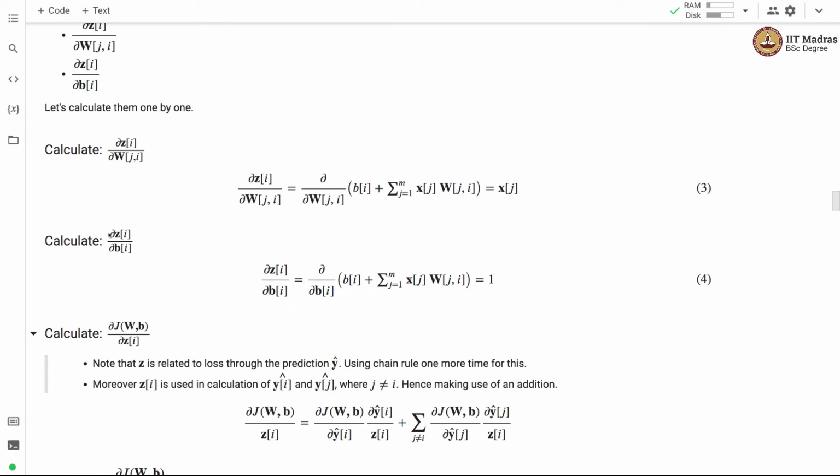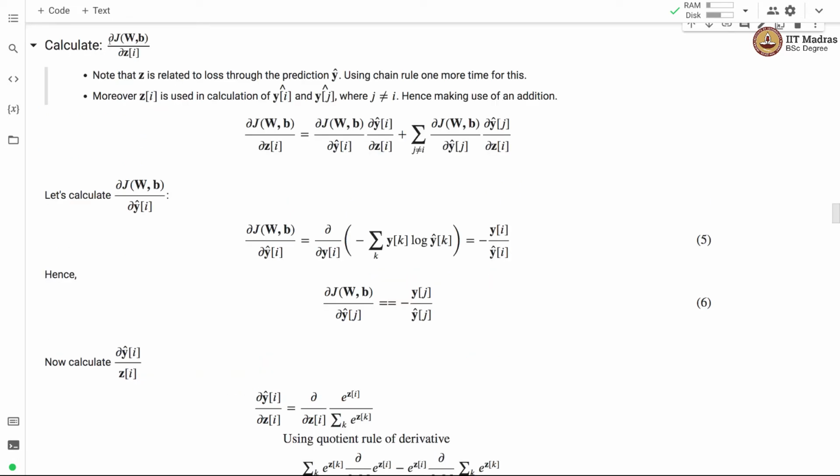In the same way, we calculate the partial derivative of Zi with respect to Bi. We again substitute the formula for Zi, and here the partial derivative of the second term with respect to Bi will be 0, and for the first term the derivative is 1.